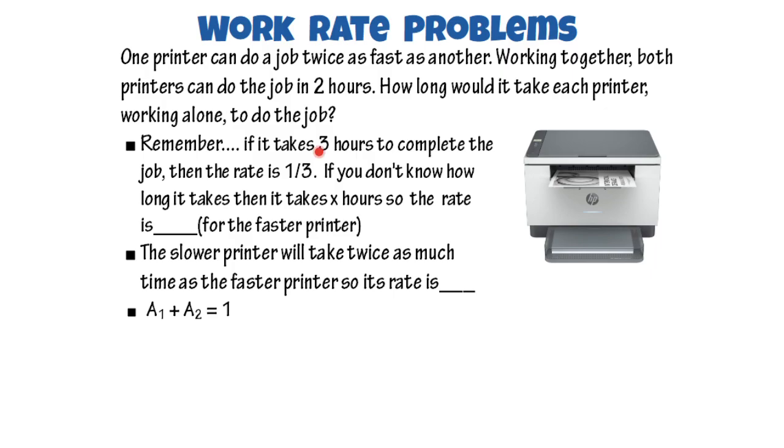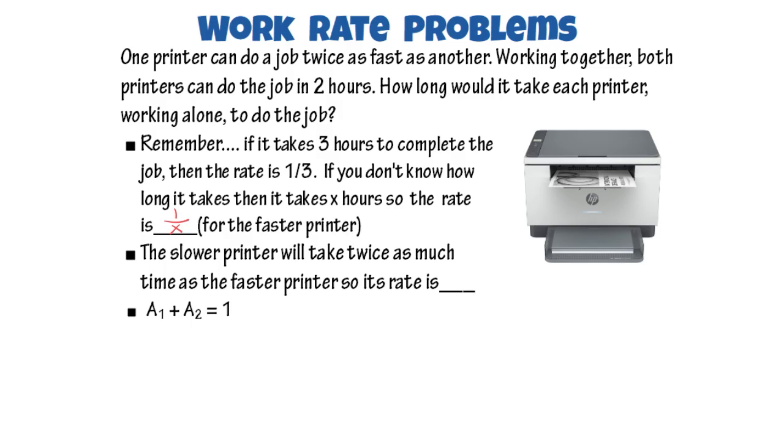Now, remember, if it takes 3 hours to complete the job, then the rate is 1/3. If you don't know how long it takes, then we're going to say it takes X hours or T hours, which means the rate is 1 over X or over T, however you want to do it.